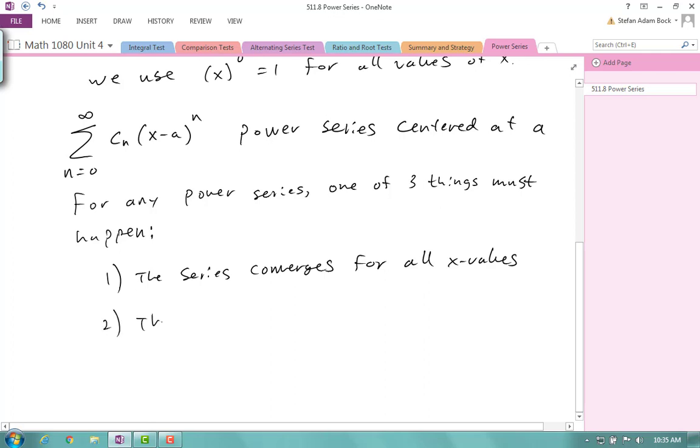Two, the series converges at exactly one spot, which is always the center. So the power series will always converge at the center, because at the center you have a power series of pretty much all zeros.